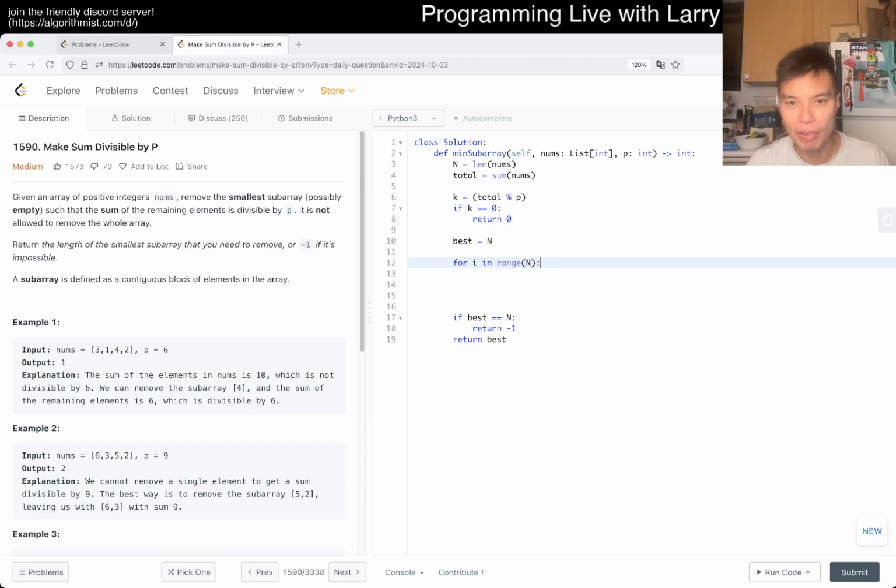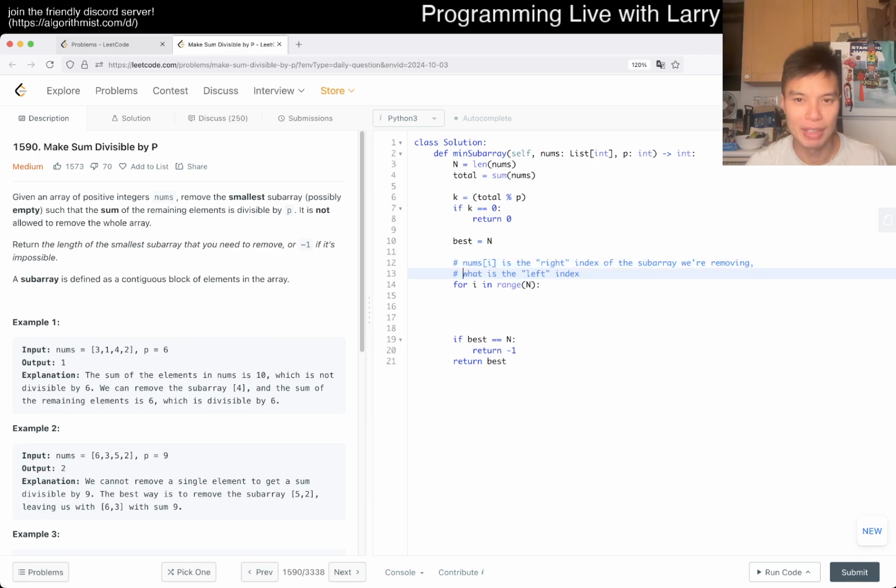So here, num sub i is the right index of the subarray we're removing. What is the left index? We want the left index to be as high as possible, because the higher it is, the smaller the subarray is, right?